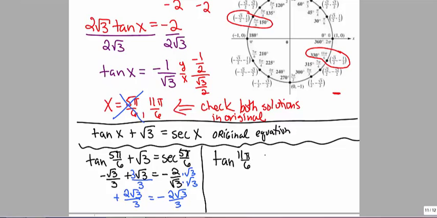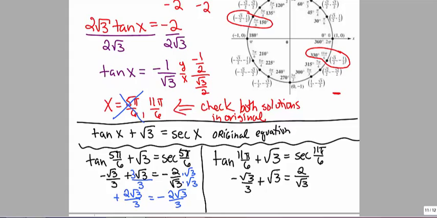So tangent of 11 pi over 6 plus the square root of 3 equals secant of 11 pi over 6. So 11 pi over 6 has a tangent value of negative square root of 3 over 3 plus square root of 3 equals, now the secant value here in quadrant 4 is positive. So that is the reciprocal of the cosine value, so that would be 2 positive 2's divided by the square root of 3.